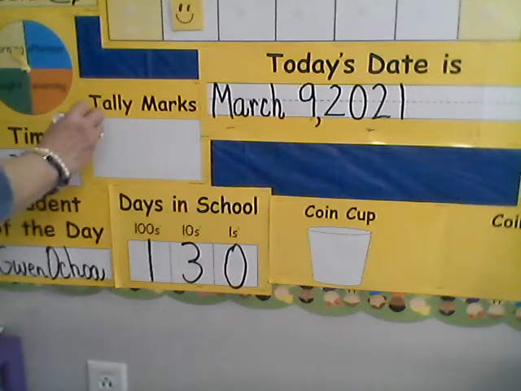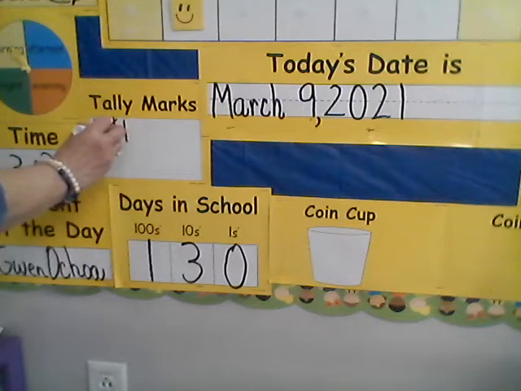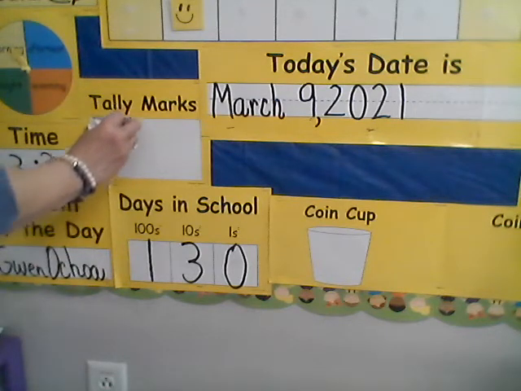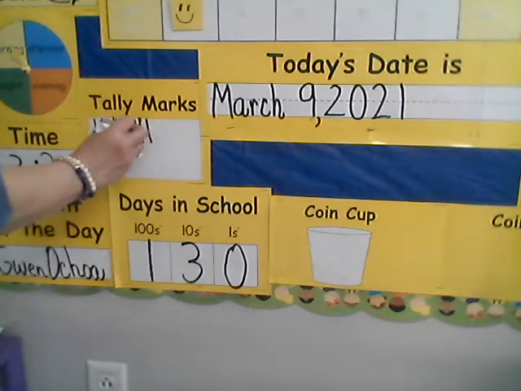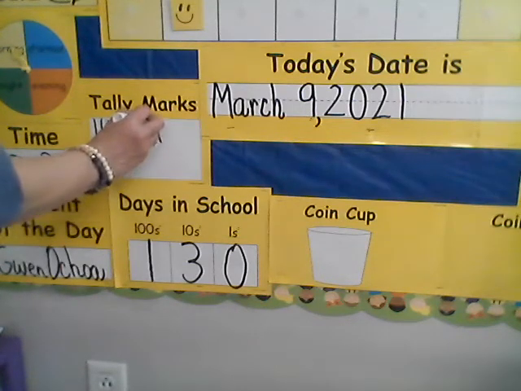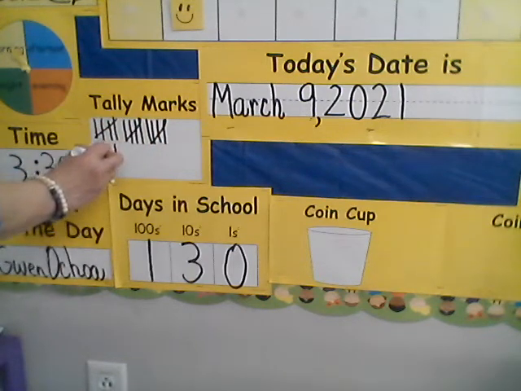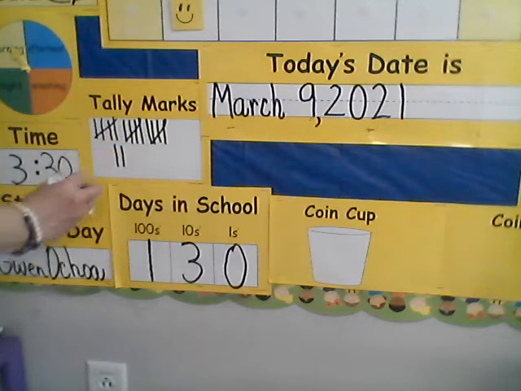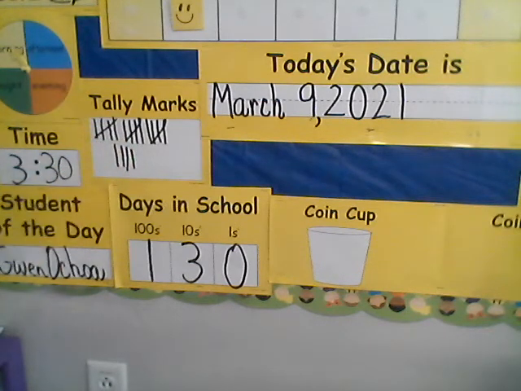All right, so here we go. 1, 2, 3, 4, tally up 5, 6, 7, 8, 9, tally up 10, 11, 12, 13, 14, tally up 15, 16, 17, 18, 19.